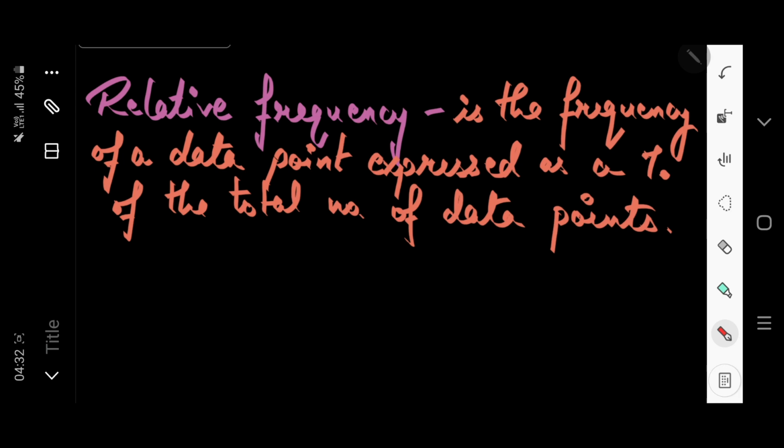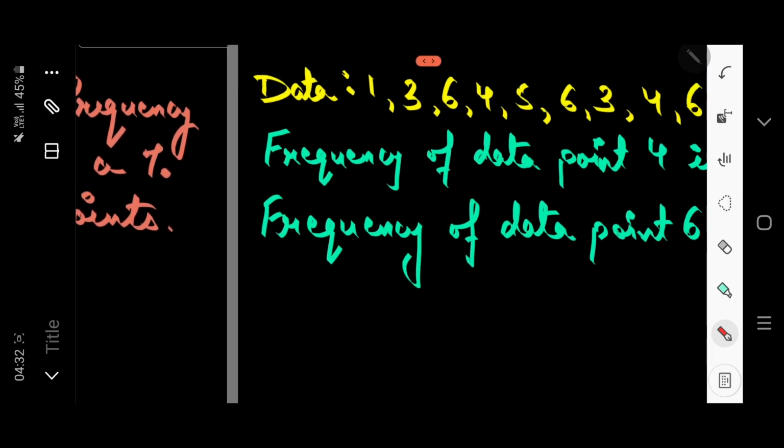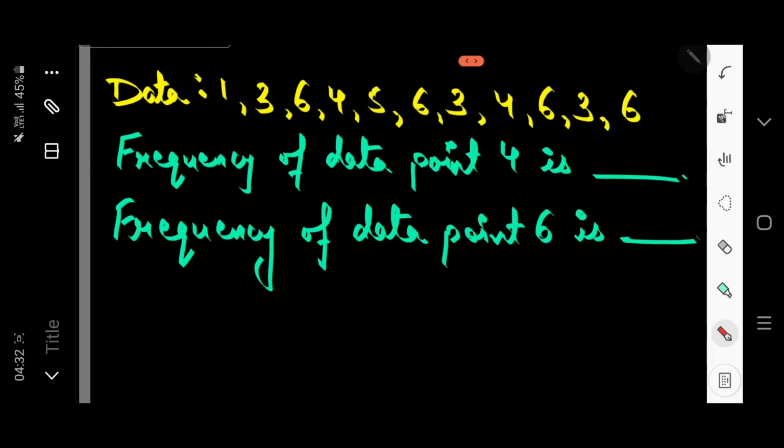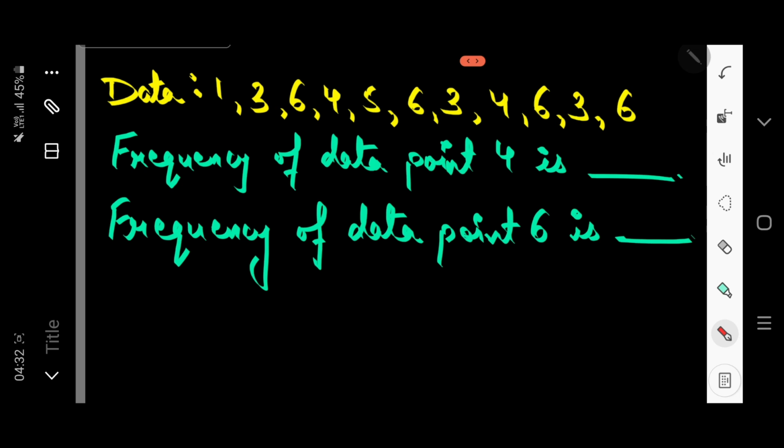Now let's understand these terminologies with an example. We are provided with this data: 1, 3, 6, 4, 5, 6, 3, 4, 6, 3, 6. In this, what will be the frequency of data point 4? As the definition says, frequency is the number of times a particular data point occurs in the set of data.